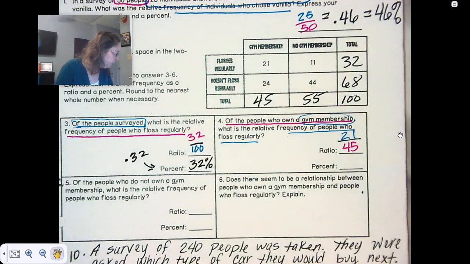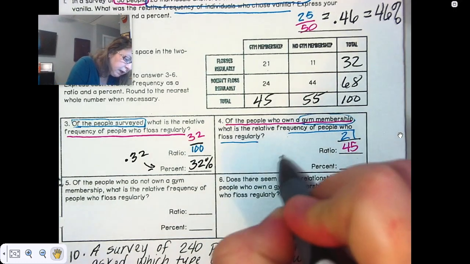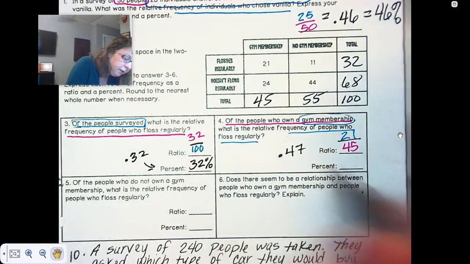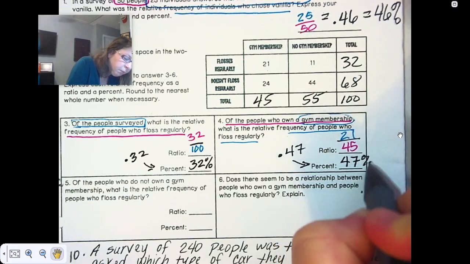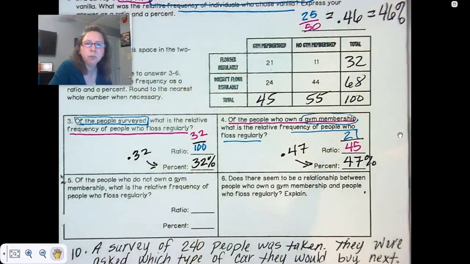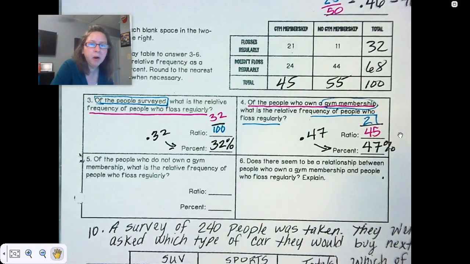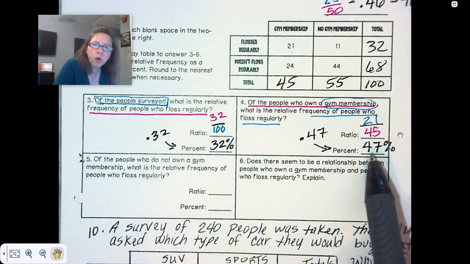If I type this into my calculator, I'm going to get 0.47, which as a percent is 47%. So the hardest part is figuring out what should go on the bottom of your ratio.